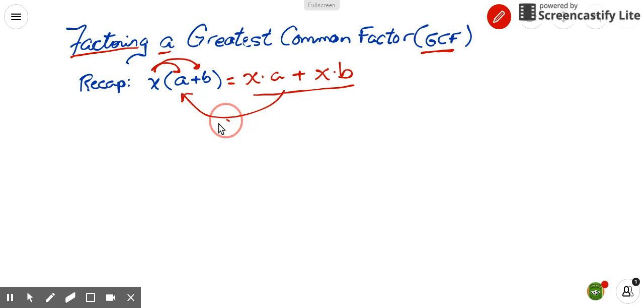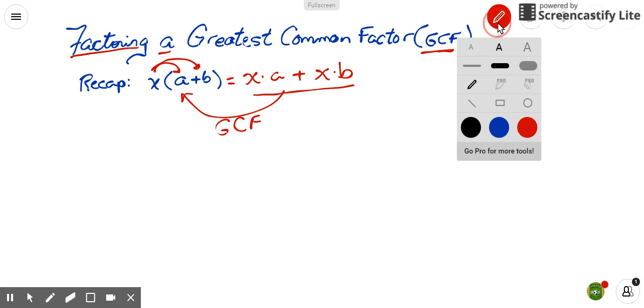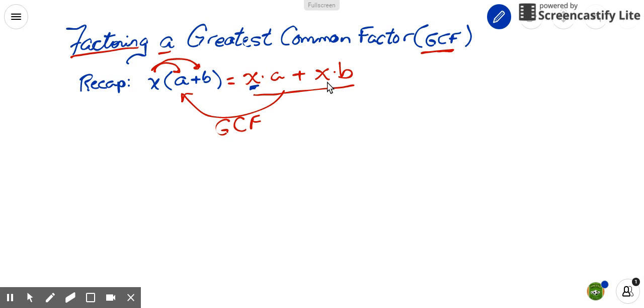And to do that, we're going to look for what we call a greatest common factor. So to help us out, let's start by looking at what it means to be a greatest common factor. Notice in this here that there is an x here and there's an x here. That's what makes it common.